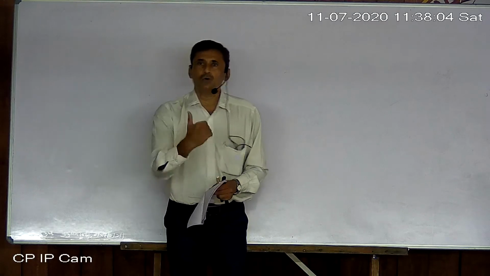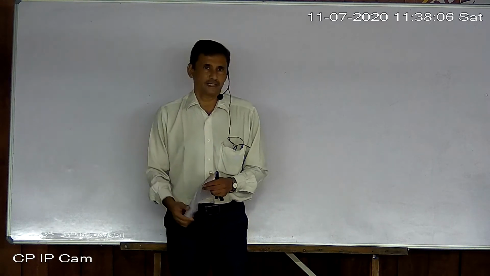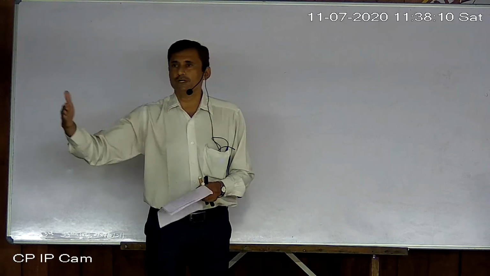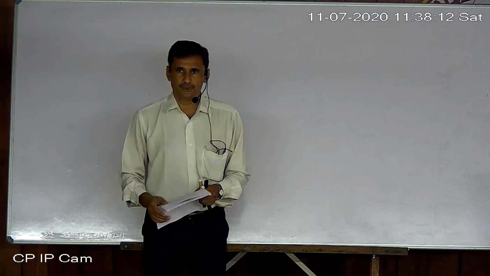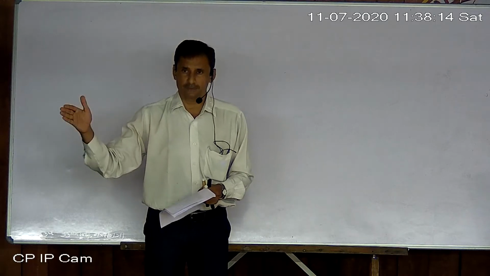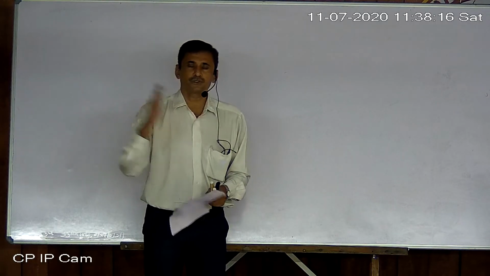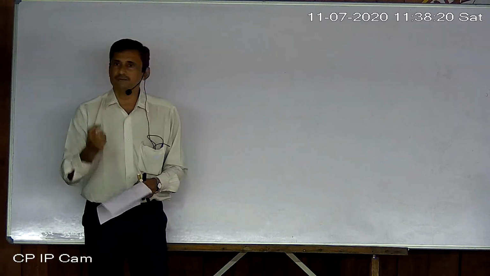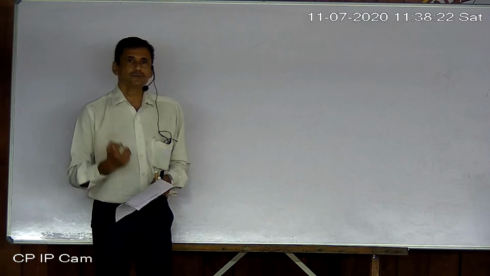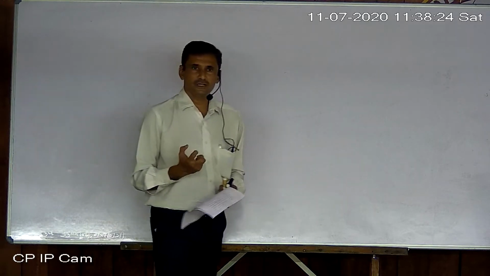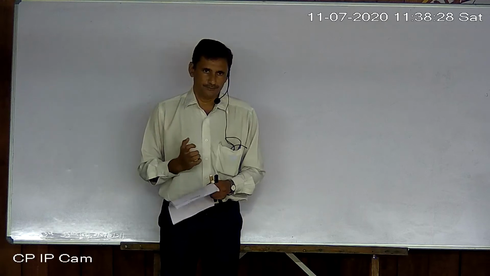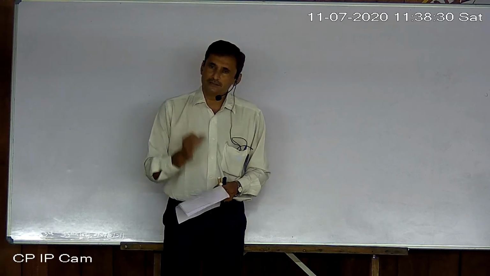Now onward, in the next exercise, we will find the sum up to a particular term: from first to fifth term, from first to 10th term, first 10 terms, first 15 terms, first 20 terms. Okay. So how to find the sum up to a particular term? That is our today's topic.